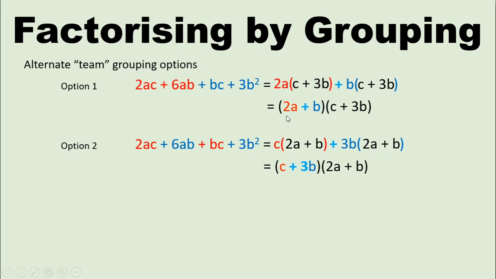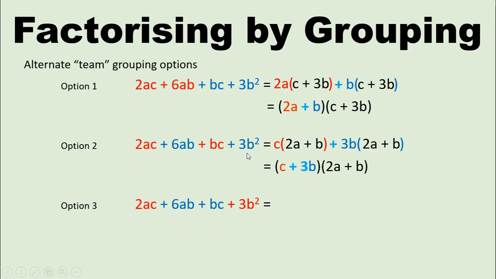It's just written the other way around. 2a plus b, 2a plus b. C plus 3b, c plus 3b. Exactly the same, so you could expand that out to double check. C times 2a would be 2ac, c times b would be bc, 3b times 2a would be 6ab, and 3b times b would be 3b squared.